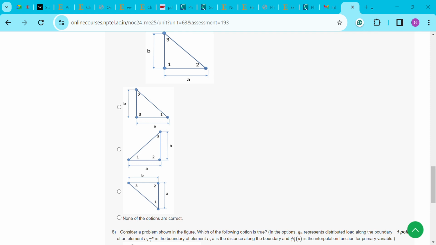If we want to write, generally it would be something like N transpose dx dy, something in this manner, right? Like for standard, maybe like thermal conduction problems.